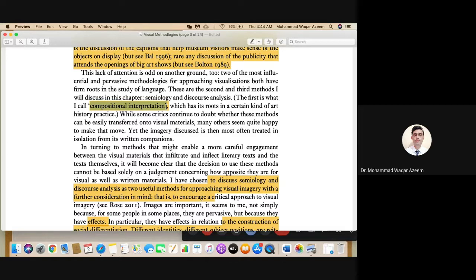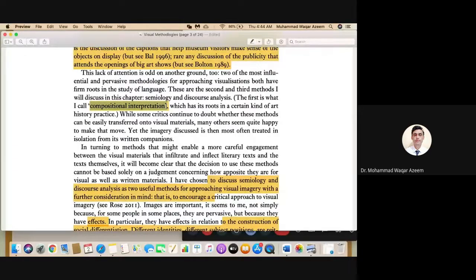So that is what mostly the scholars in English studies, literary studies, or cultural studies do. What do they do? They interpret the texts. Okay. And in order to undertake that interpretation, they use some of semiology and some of discourse analysis, right?